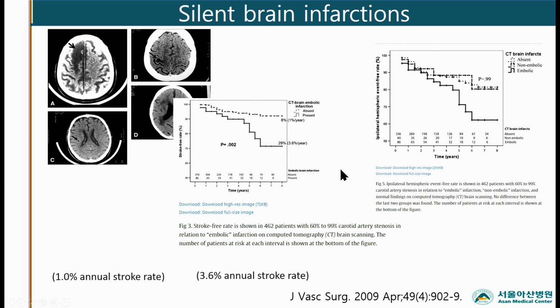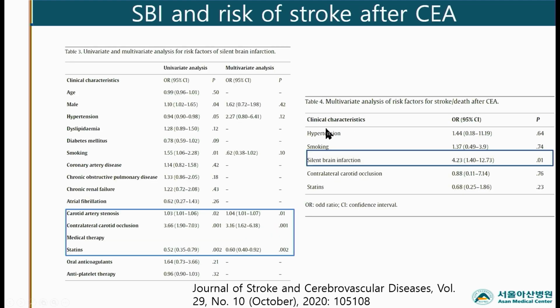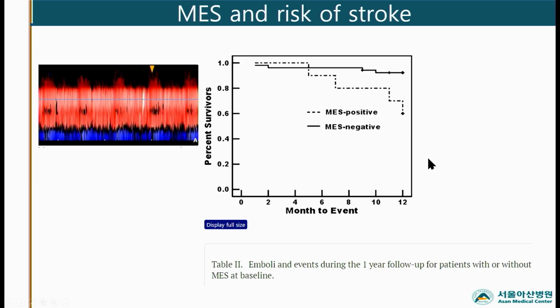This also shows a dose-dependent effect if there are more and more embolic-pattern infarctions on the CT. Silent brain infarction is also related to the risk of stroke after CEA. If the patient has a silent brain infarction, the patient may have a 4 times higher risk of stroke even after carotid endarterectomy.